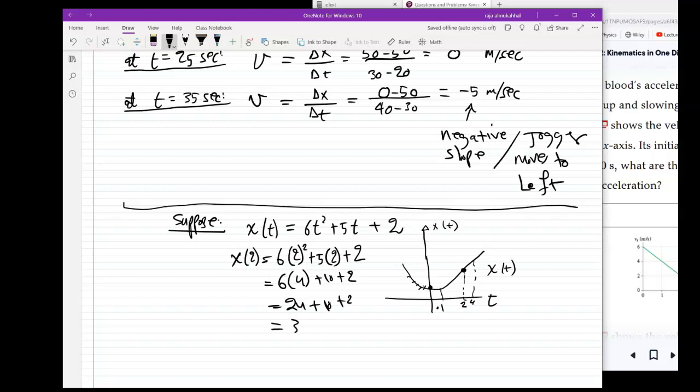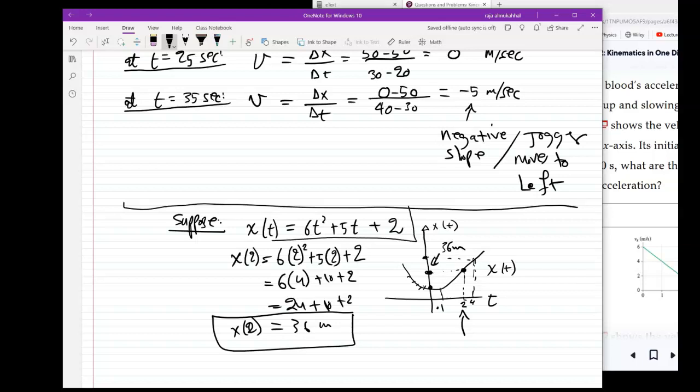And that's 36 meters. In other words, on the second, the object has traveled 36 meters. On the 4th second, the object traveled whatever it is. Just plug it in. This is called a distance function.